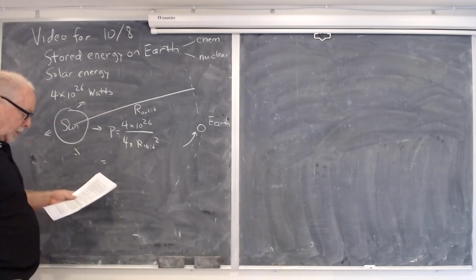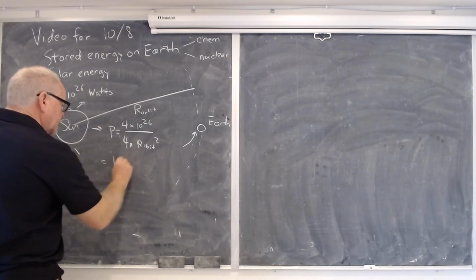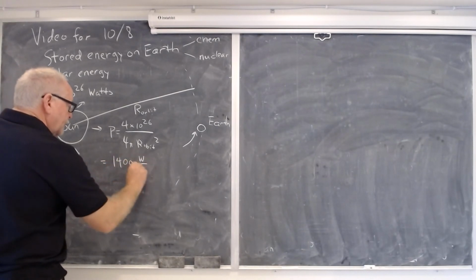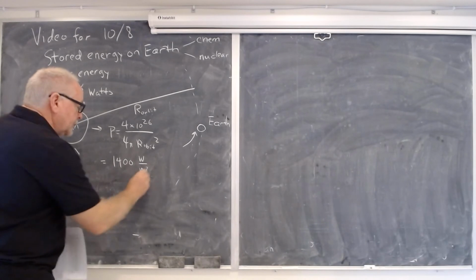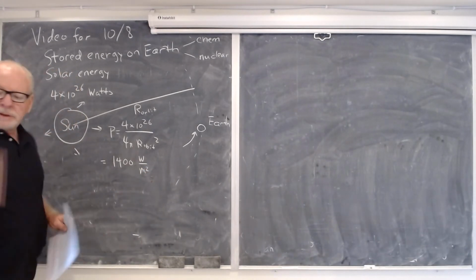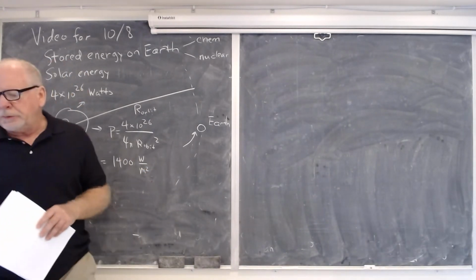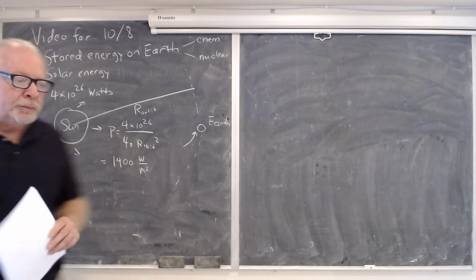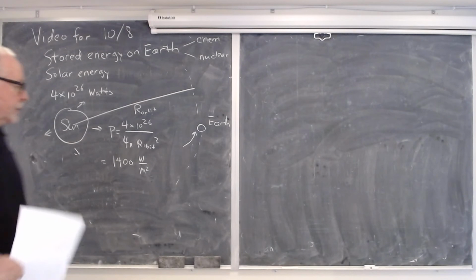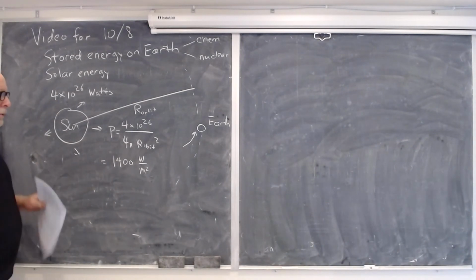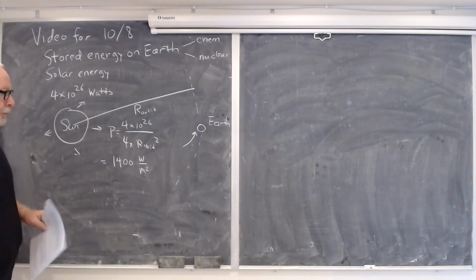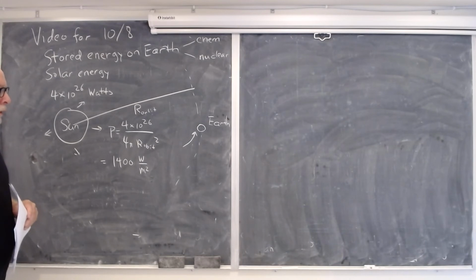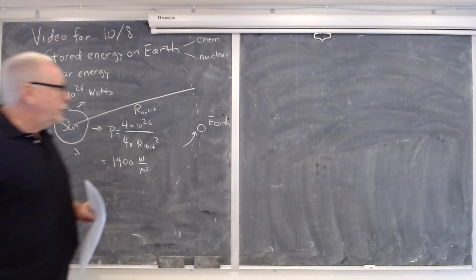And if you plug in the numbers, you get 1400 watts per square meter. So up in space, now we went through how down on Earth that becomes lower. It's 1,000 on a very clear day, but up in space, so to speak, there's 1400 watts per square meter hitting the Earth.